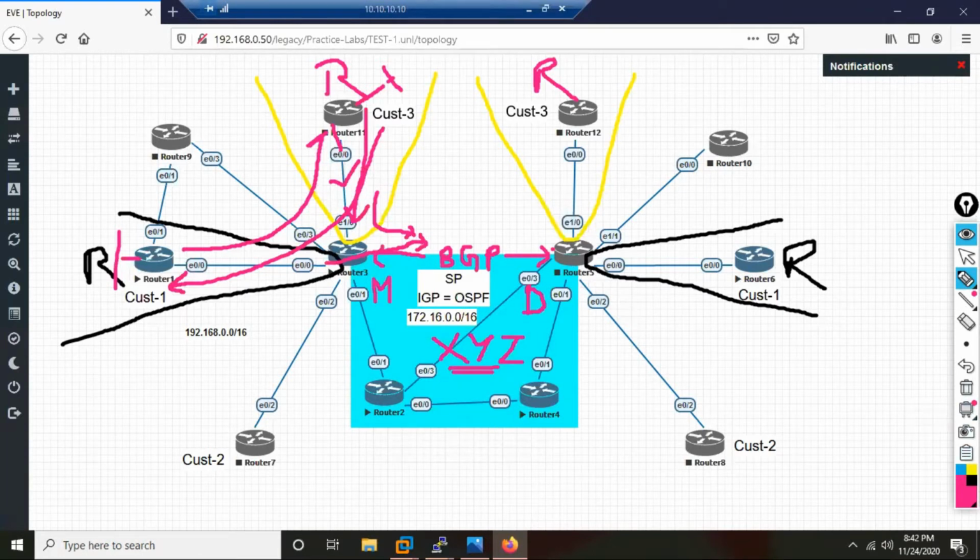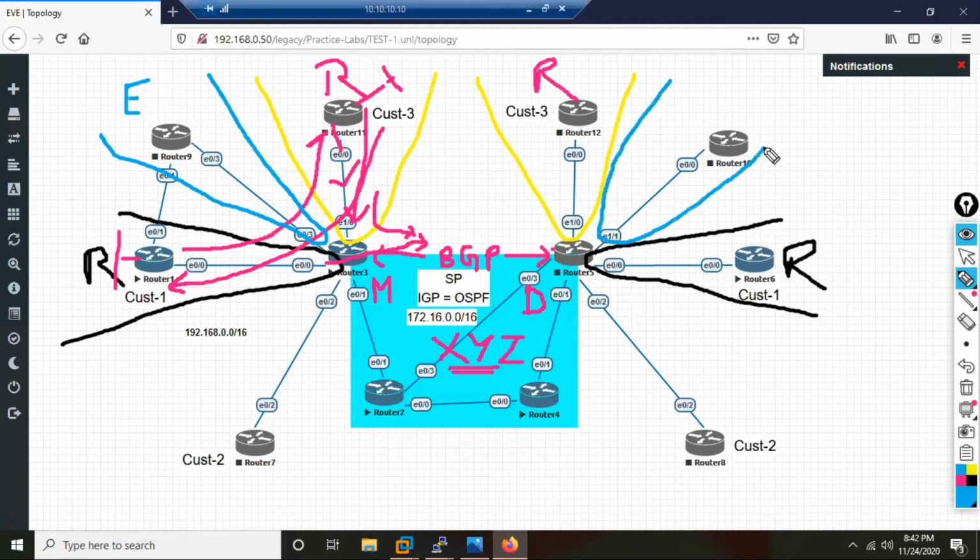See now another problem. Let's say you have another customer, customer 2. Let's say this customer 2 is running EIGRP. Yes, very good. In EIGRP, maybe what is the AS number? Let's say this customer is running EIGRP AS 100. Very good.